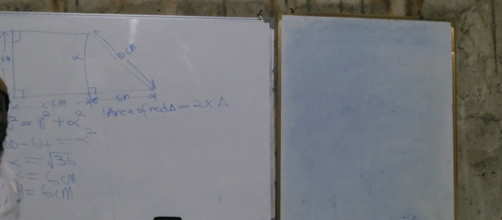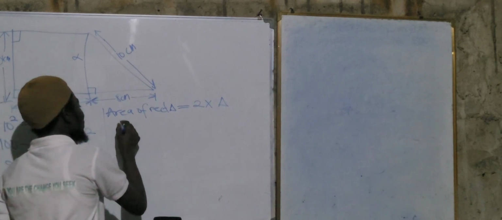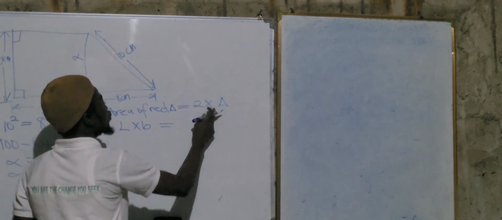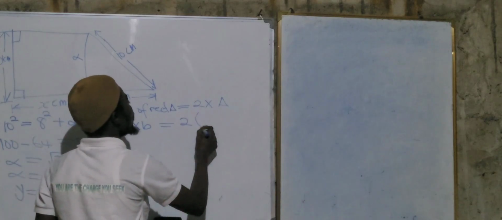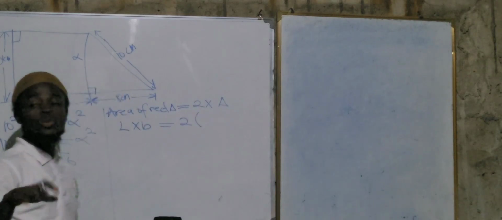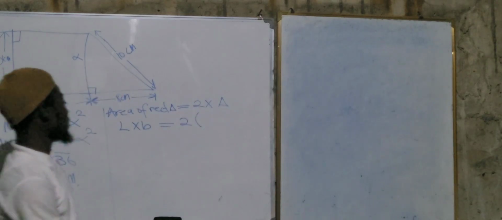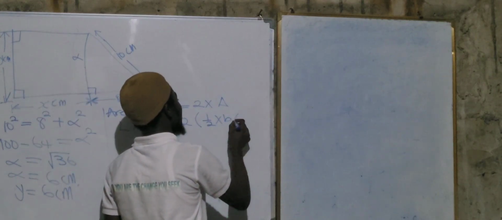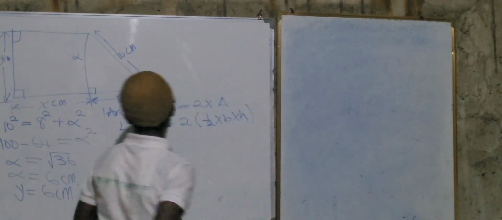How simple it is, right? The area of a rectangle is length times breadth. Simple and straightforward, right? So say area, length times breadth, equal to 2 times the area of a triangle, which is half times the base times the height, eh? Good.